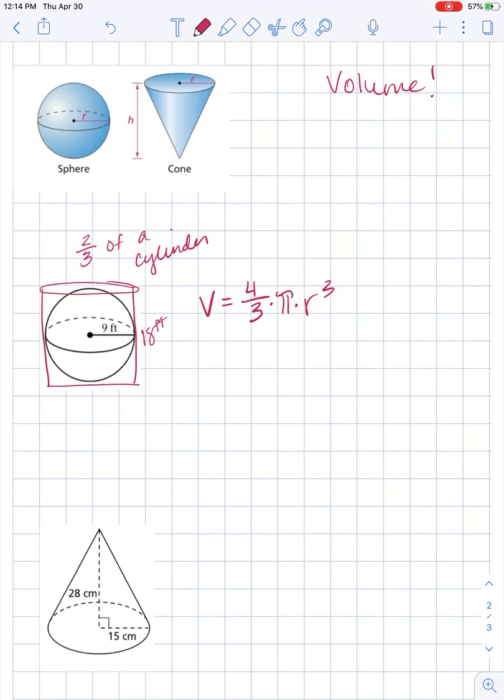So let's toss a few things in here. I'm going to pull up my calculator. Our radius is 9 feet. 9 cubed is the same as saying 9 times 9 times 9, and when we do that, we get 729.